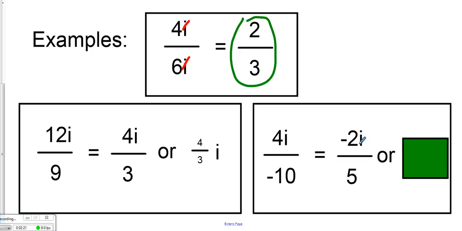Please note that this negative could have also been down here, and it would mean the same thing, right? Negative over positive is the same as positive over negative. So again, like we did over here, we can take the i out and call it negative 2/5 times i. Okay, they all mean the same exact thing. It's just a different way to simplify or reduce this complex division problem.